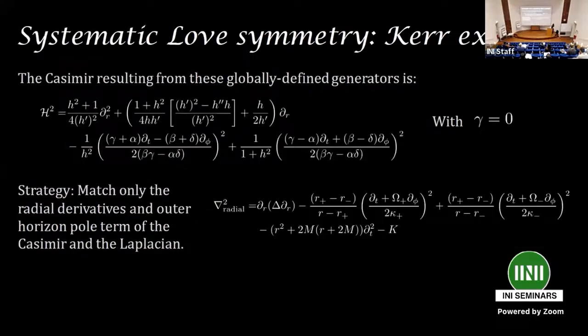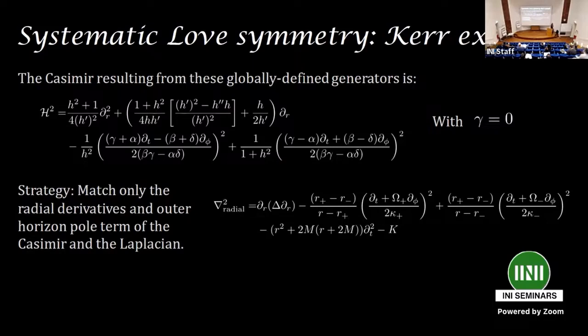From now on, we'll work with gamma equal to 0, although I don't often set it equal to 0, because I like the symmetry of these operators. The Casimir that results from the generators that we built on the previous slide is this one.